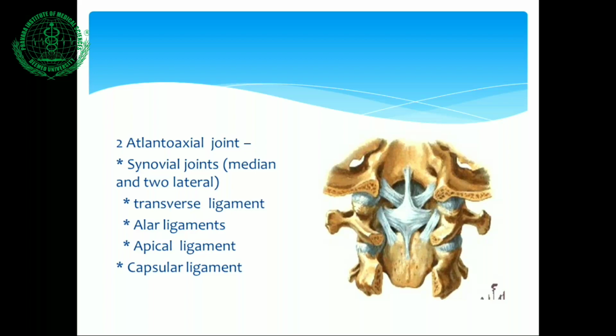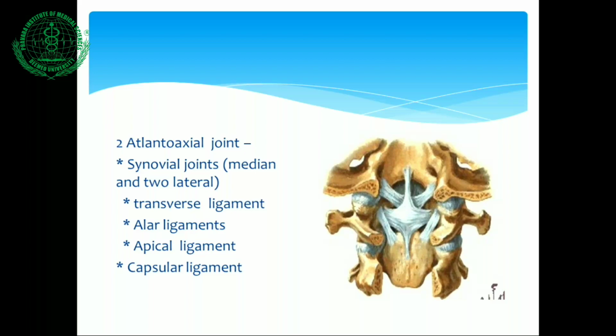That is medial and lateral atlanto-axial joints. Here all of you are able to see the atlanto-axial joint is formed between the atlas bone and the axis of cervical vertebrae. Among these, the medial atlanto-axial joint is a synovial joint.